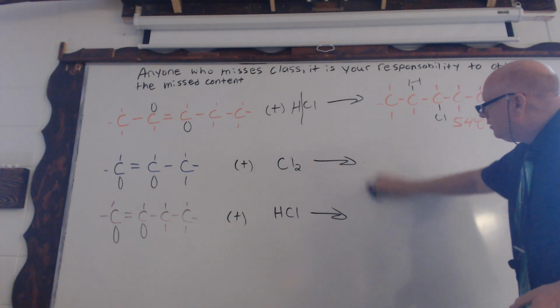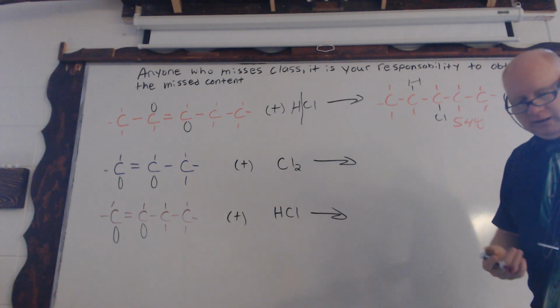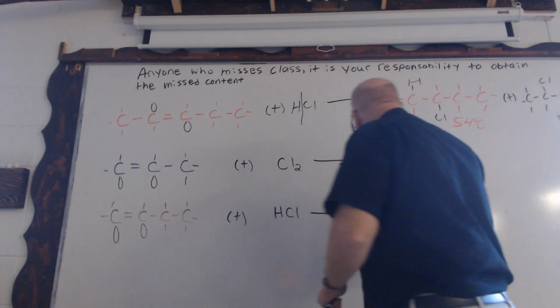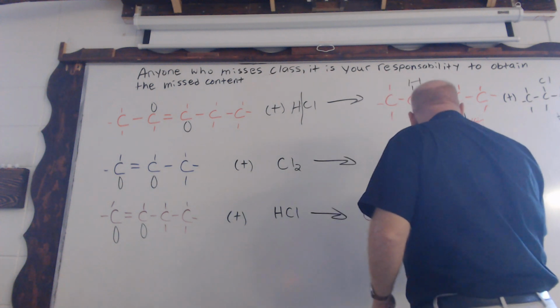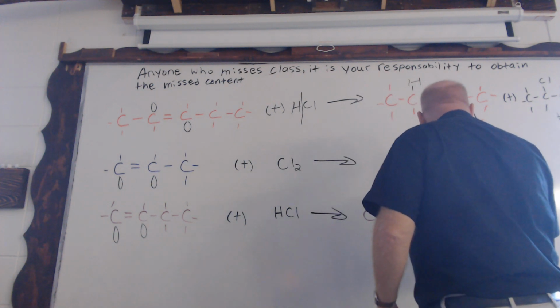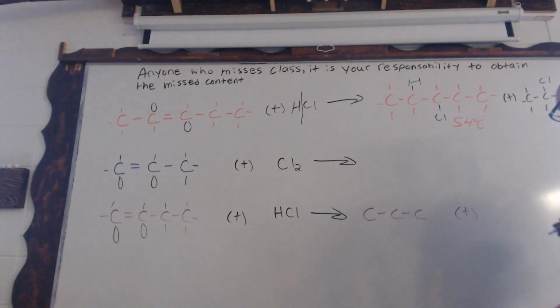So what we mean by that is we know that we're going to get this, this, and this. And it's not that big of a deal if you put plus in there, but I think it's just good practice to do that. And then we're also going to get this molecule here as well.